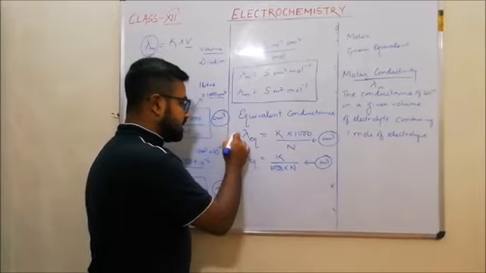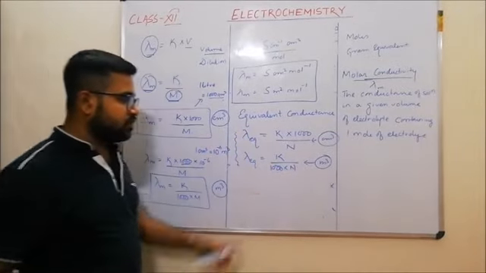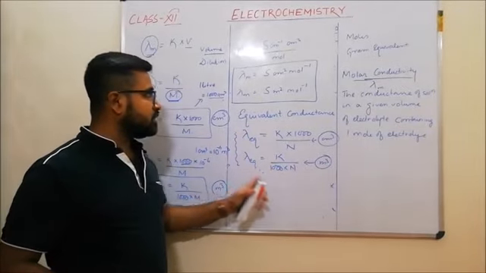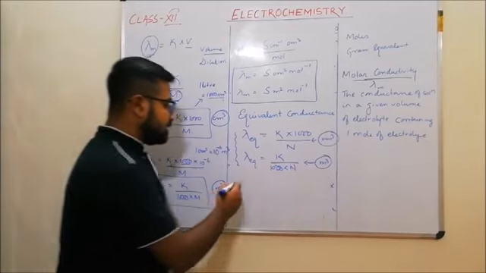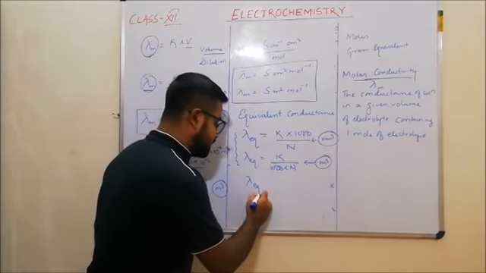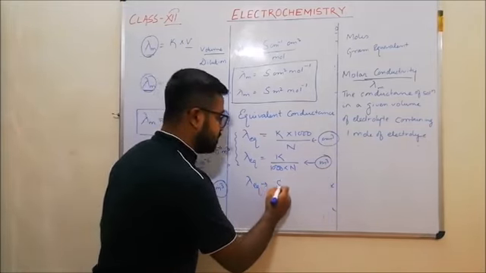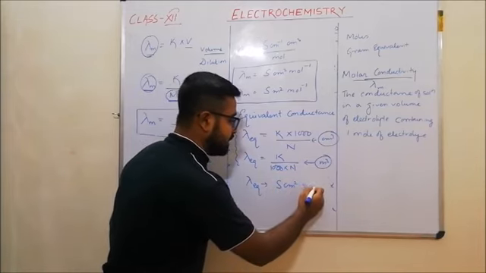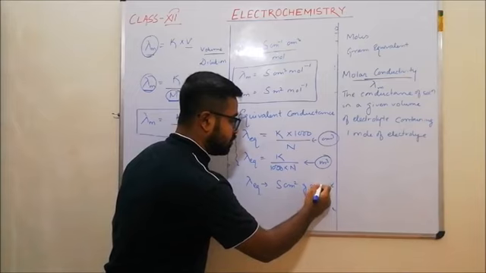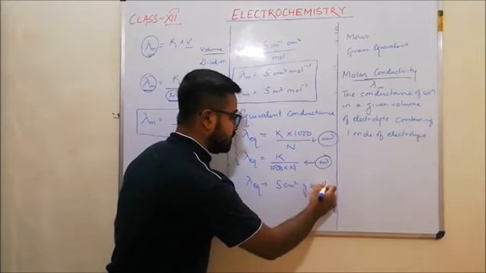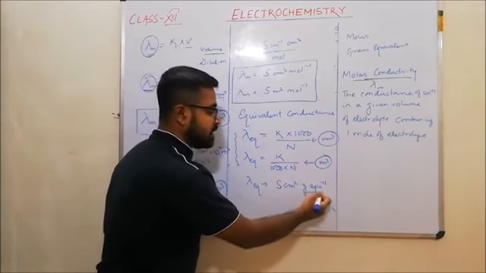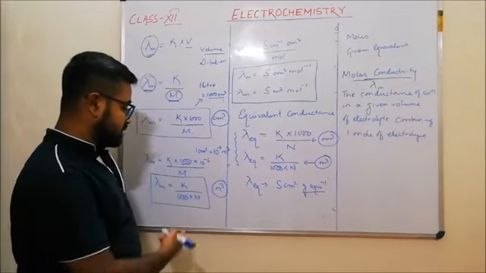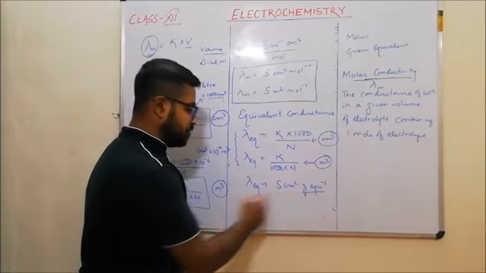So what will be the unit from this one? The equivalent conductance unit will be Siemens centimeter square gram equivalent inverse. Here the mole inverse was there, but here we are writing gram equivalent inverse, because in normality we are using the gram equivalent.